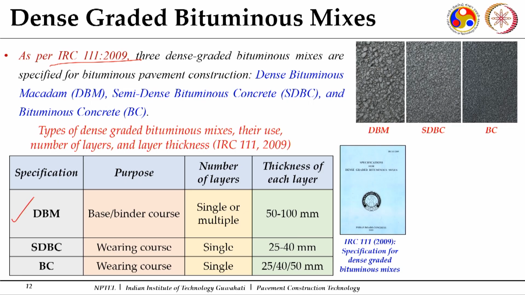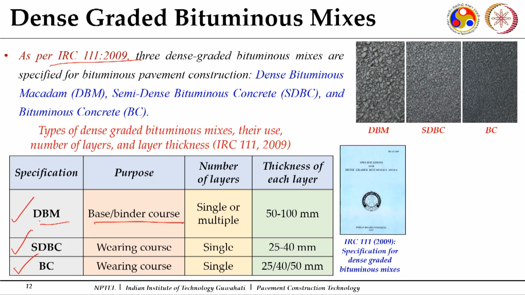One is dense bituminous macadam, second is semi dense bituminous concrete, and third is bituminous concrete, and they specifically give guidelines on where you can use DBM as base and binder courses. Depending upon the gradation which is used, I will show you later on, one gradation can form a base course, second gradation may become the binder course of DBM.